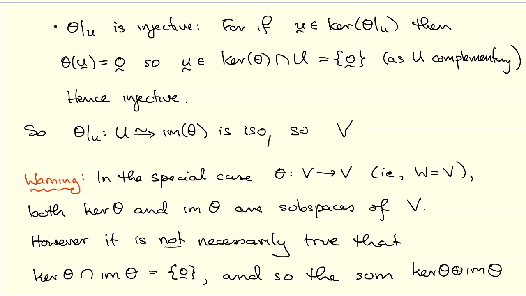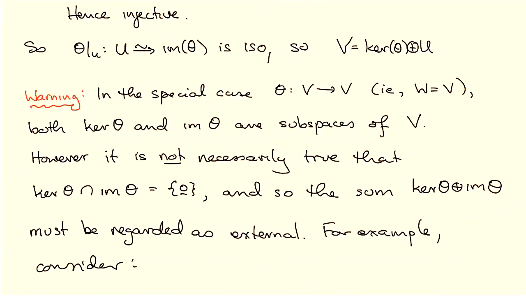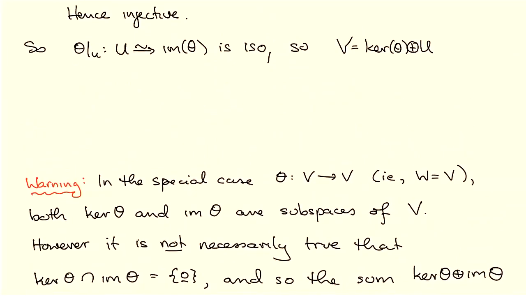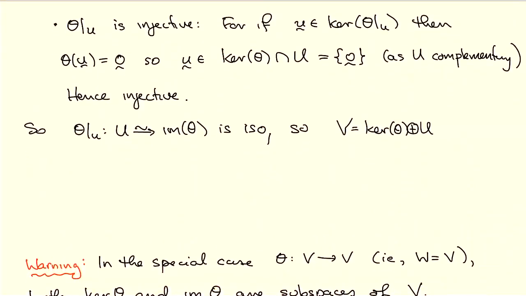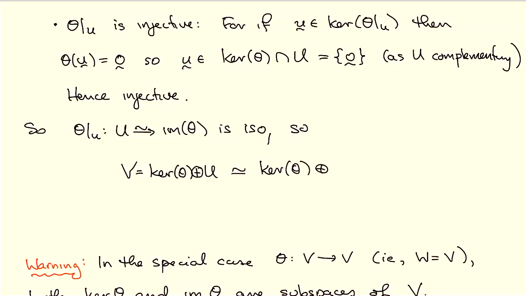So V, which equaled the kernel of theta plus u, is isomorphic to the kernel of theta plus the image of theta, where on the left-hand side we have an internal direct sum, and on the right-hand side an external one.